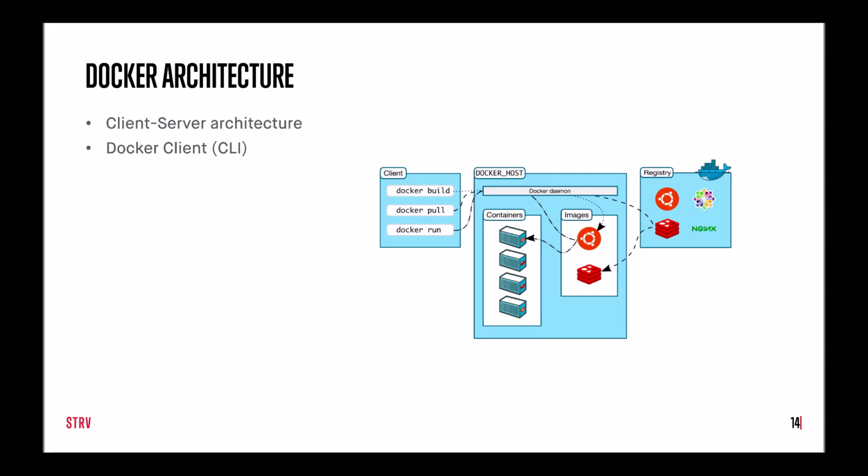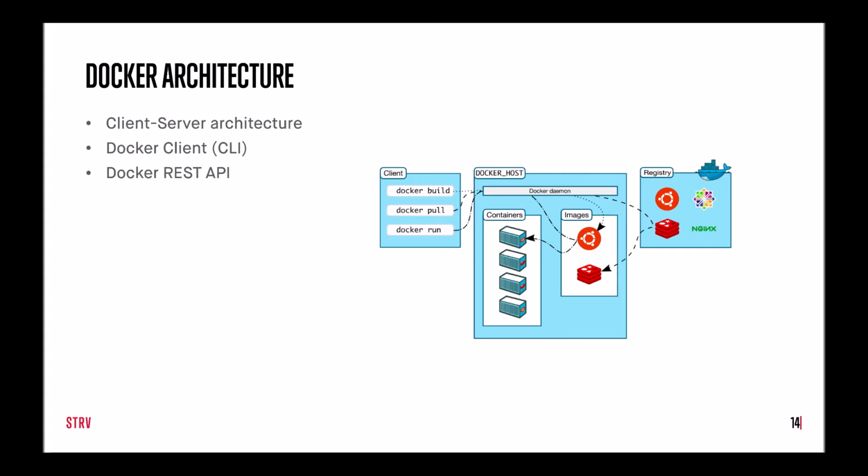In this diagram in particular, it's very interesting because you can see that the client is different from the Docker host. This is one scenario, but mostly when you're installing Docker, the host and the client are the same computer. But it could happen, for example, that the client is my computer, but I want to communicate with some remote cloud. So the host of Docker is somewhere else, right?